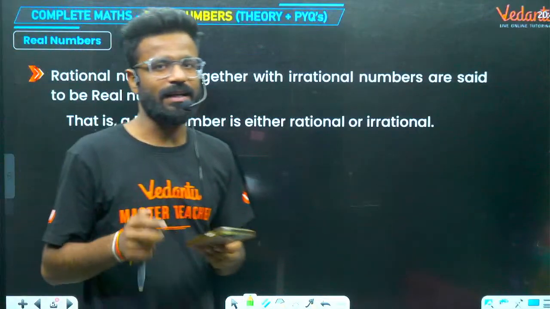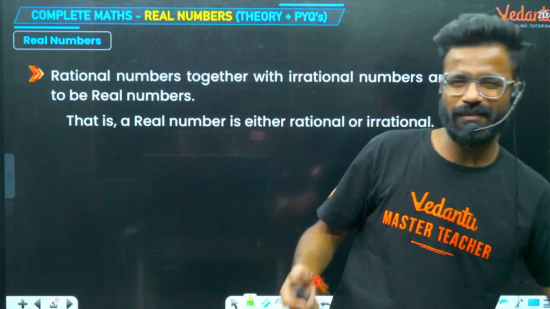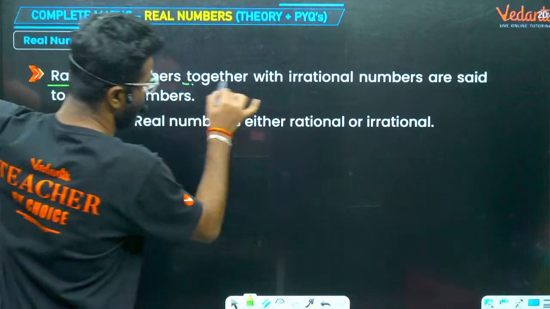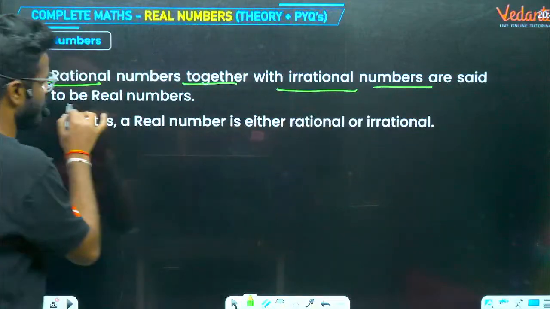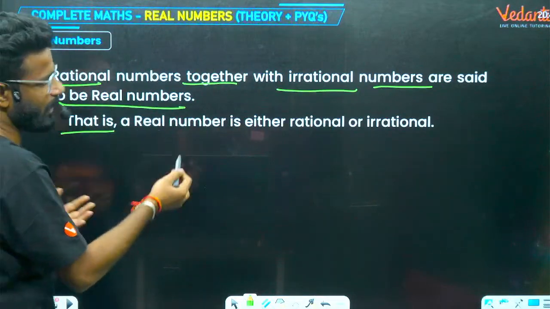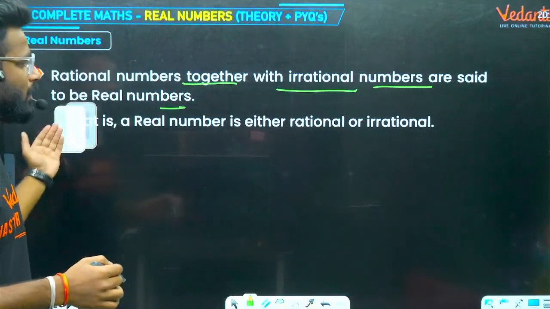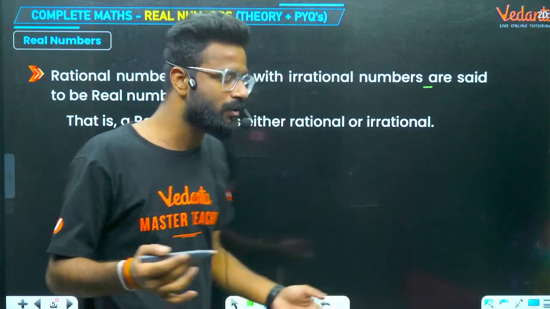So we are starting from the real numbers. Everyone knows what real numbers are. Rational numbers together with irrational numbers are said to be real numbers. That is, a real number is either rational or irrational. But before that, sir, what is a rational number?